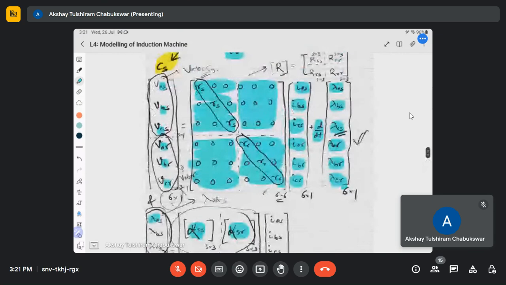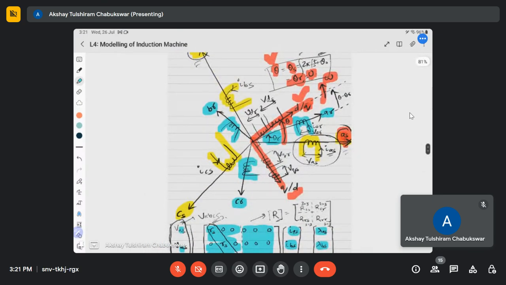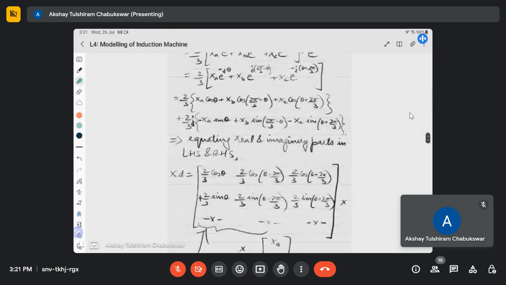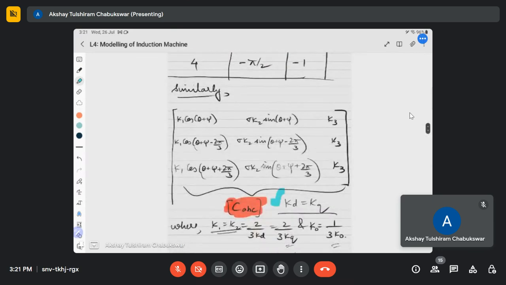Now, as the ABC axes of the stator and rotor are different, the transformation matrices for transforming any ABC quantity to DQ and DQ quantity to ABC will also be different. The transformation matrix here is nothing but a generic matrix, CDQ0 and CABC.